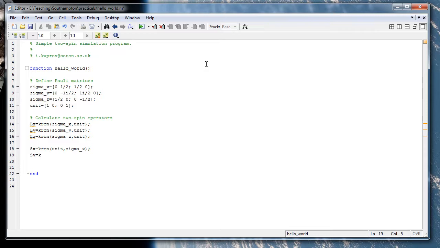Sy is Kron unit on the first spin and sigma y on the second spin, and Sz will be Kron unit on the first spin and sigma z on the second spin.